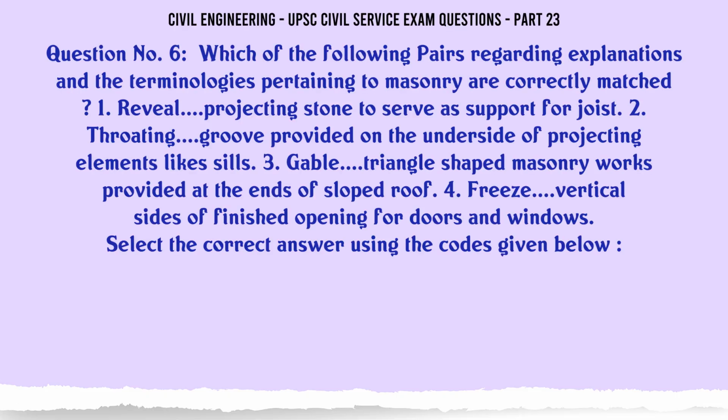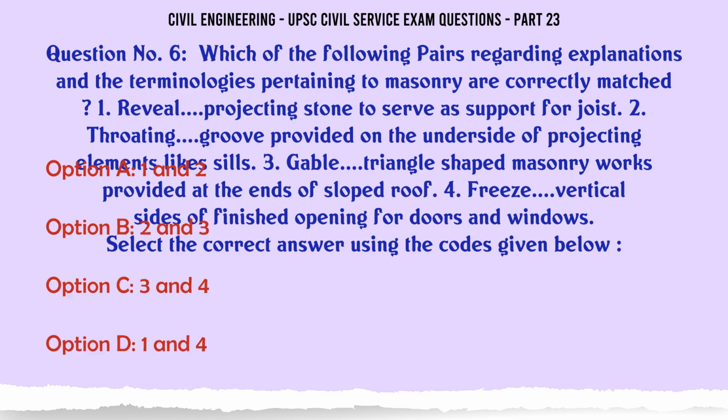Which of the following pairs regarding explanations and the terminologies pertaining to masonry are correctly matched? 1. Reveal, projecting stone to serve as support for joist. 2. Throating, groove provided on the underside of projecting elements like sills. 3. Gable, triangle-shaped masonry works provided at the ends of sloped roof. 4.